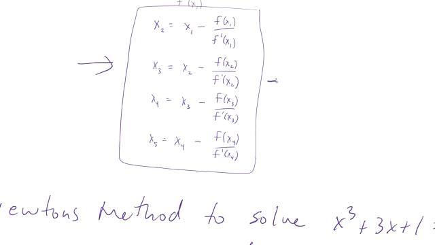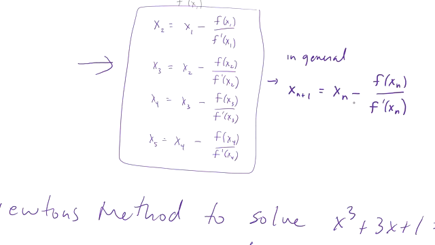So, in general, x sub n plus 1, the term after x sub n, is the term right before it, x sub n, minus f of x sub n over f prime of x sub n. If n is 3, this is 4.